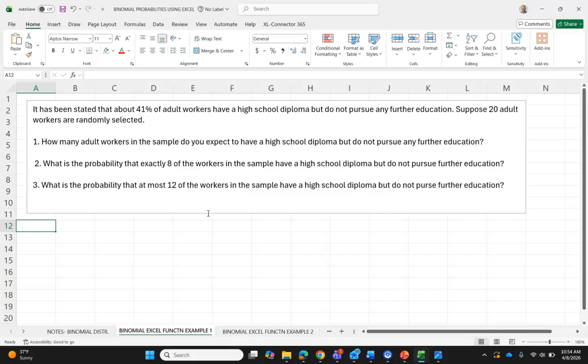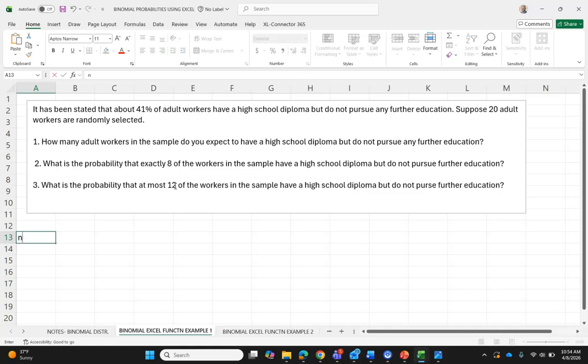In this case, there are a number of things that we need to identify. We want to find out if this information satisfies the characteristics of the binomial distribution. I'm going to skip one line here.